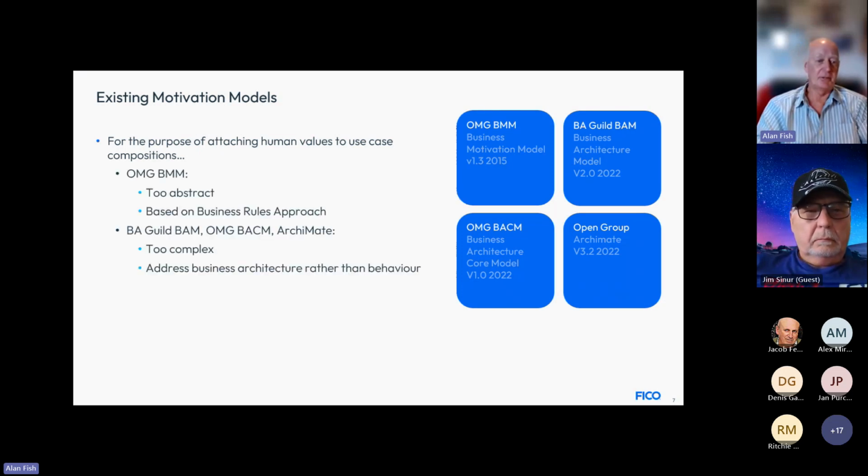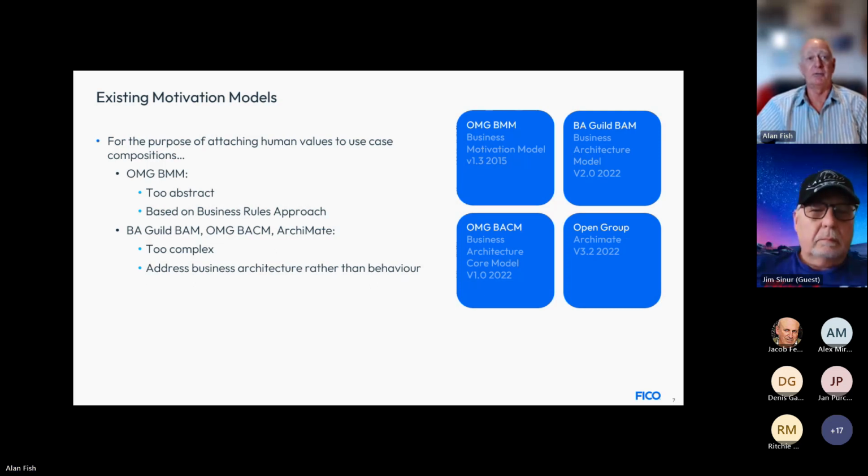And for these purposes, I found the OMG BMM too abstract, and it is specifically focused on the business rules approach rather than having any clear way of attaching to decisions and processes and so on. The other three, the BA Guild standards and Archimate, I found very, very complex. And to be honest, they really address business architecture rather than behavior.